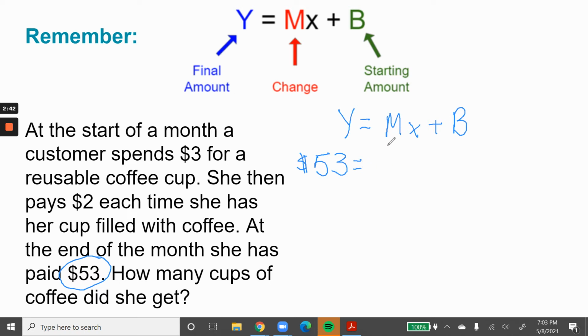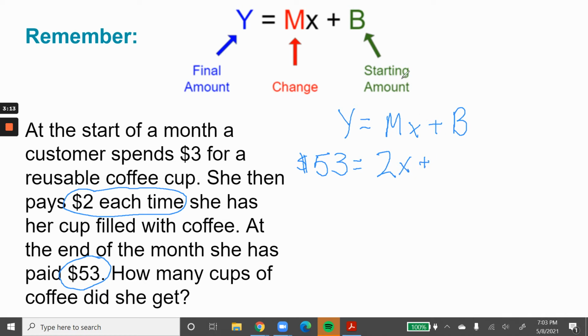For the m, how much did she pay each time? Well, we can see she paid $2 each time she has her cup filled. So it would be 2, and the x is representing how many times she had her cup filled. We don't know how many times she had her cup filled, so we're going to keep x there.